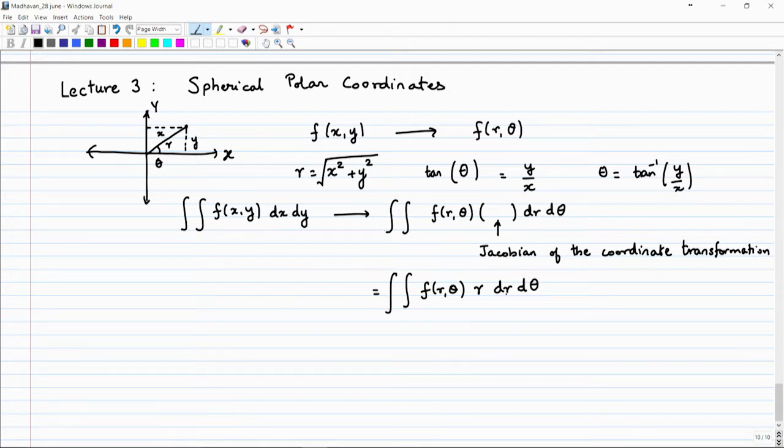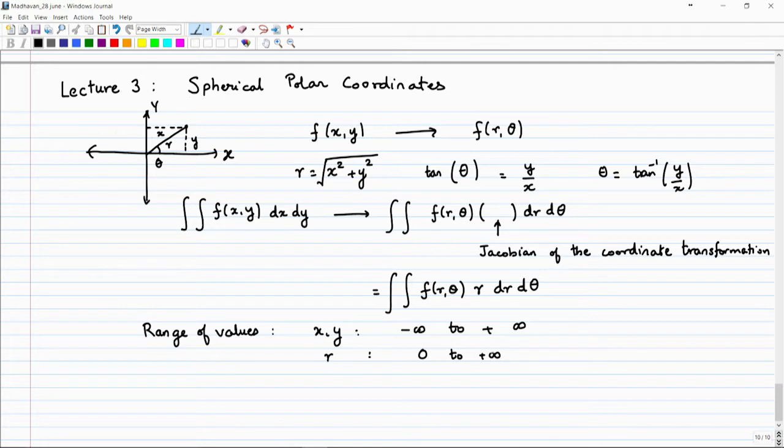Now let me explicitly write this as a double integral. The first integral is over r and the second integral is over theta. You have to put the appropriate limits. Now what are the range of values? x and y go from minus infinity to plus infinity. r goes from 0 to plus infinity.